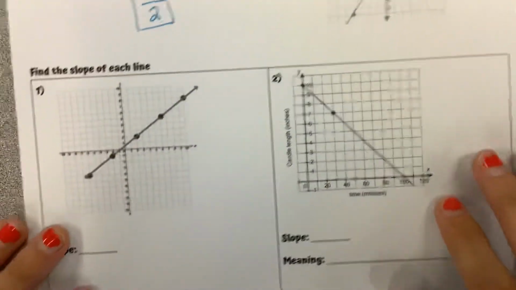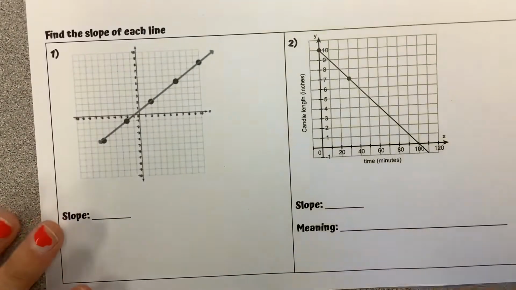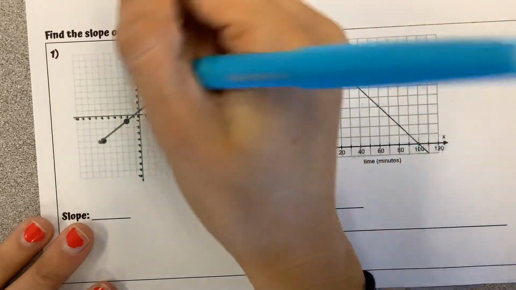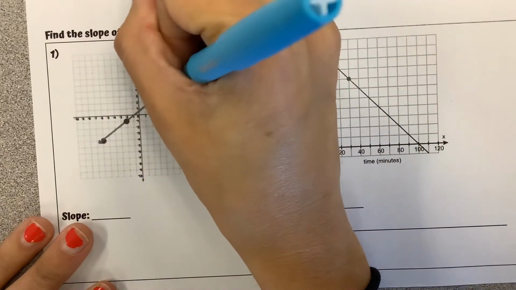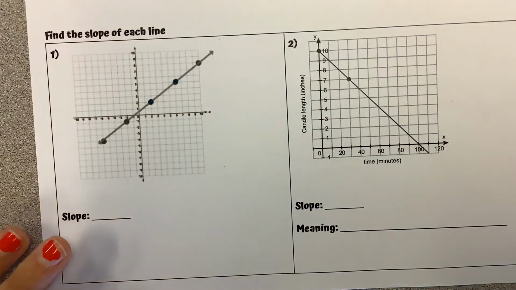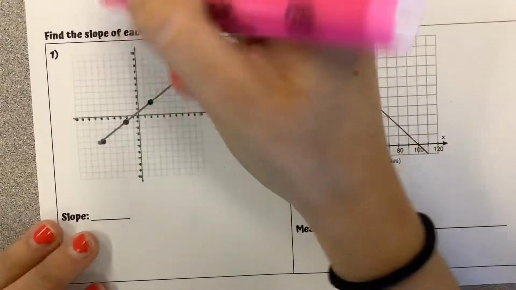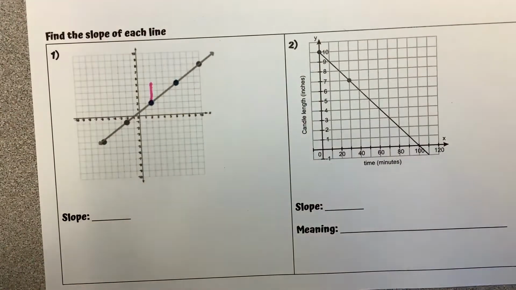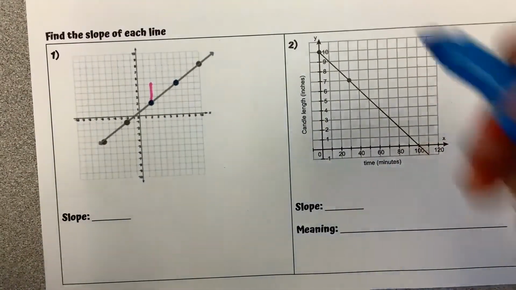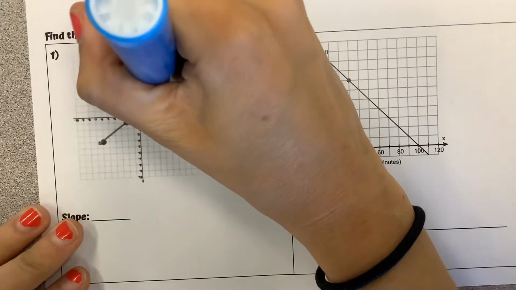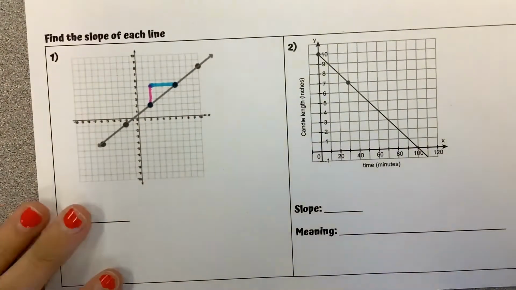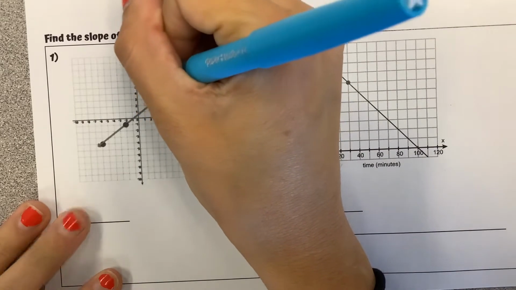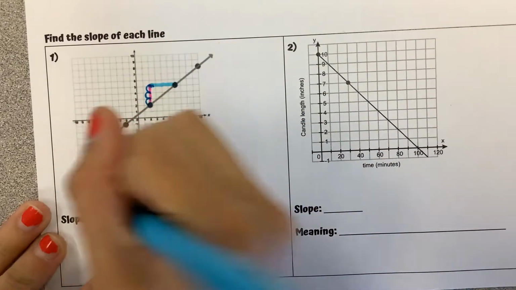So let's look at it in these graphs. Here again, I can pick any 2 points. Maybe I'm going to pick these 2 points right here. So I'm going to find our vertical change over the horizontal change. Vertically, this is going up 1, 2, 3.